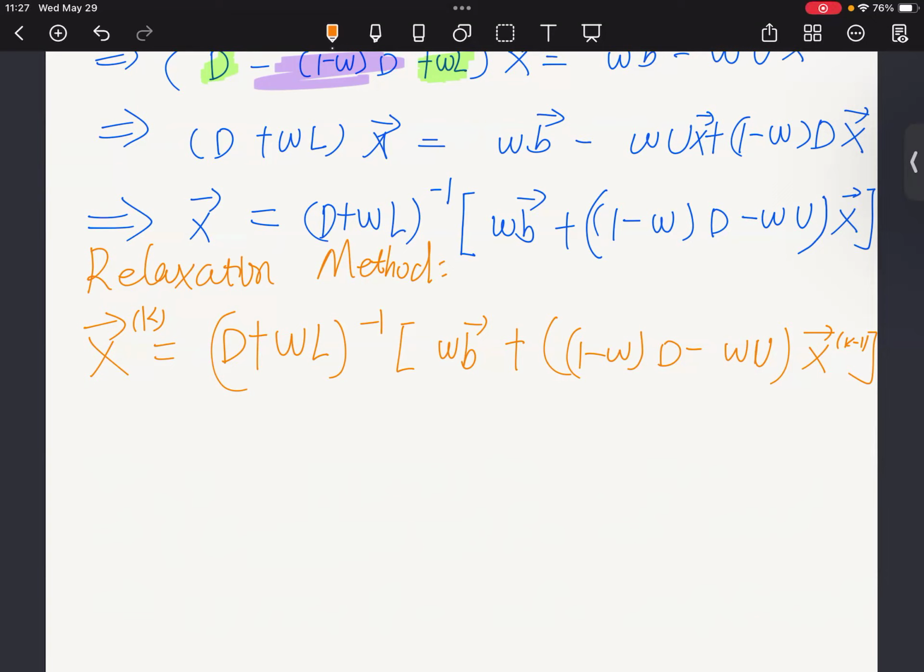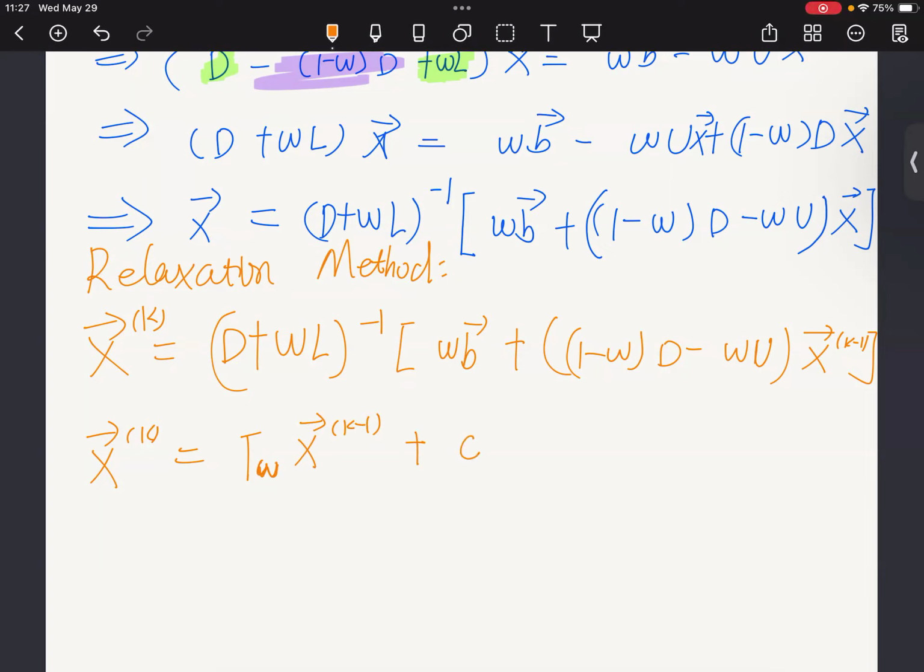So now let me just summarize all these things first. Because we want to write it into the general format, X K equals T omega X K minus 1, which means that this is the SOR method, the successive over relaxation method. We are going to write it into this format, and then plus the C vector.